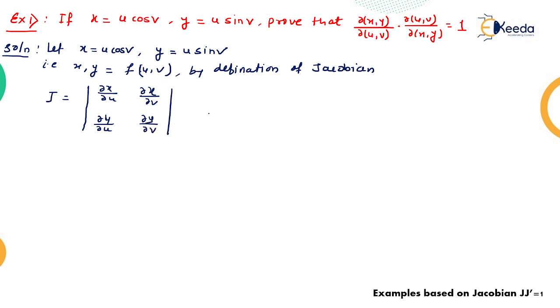So you have to first calculate this, and we call that the Jacobian of x, y with respect to u, v. I hope you understand this very well, right?